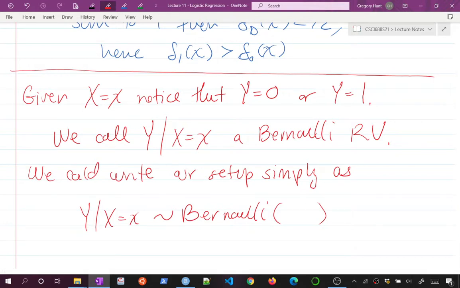Well, what's the probability I observe a 1? We call that p of x. So that's real nice, right? So that harkens back to Bernoulli random variables, and that's all our setup is. And the game now is, how do we model p of x?